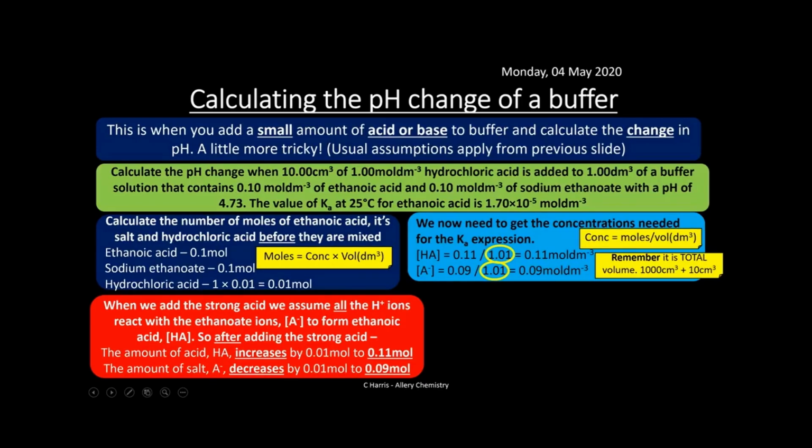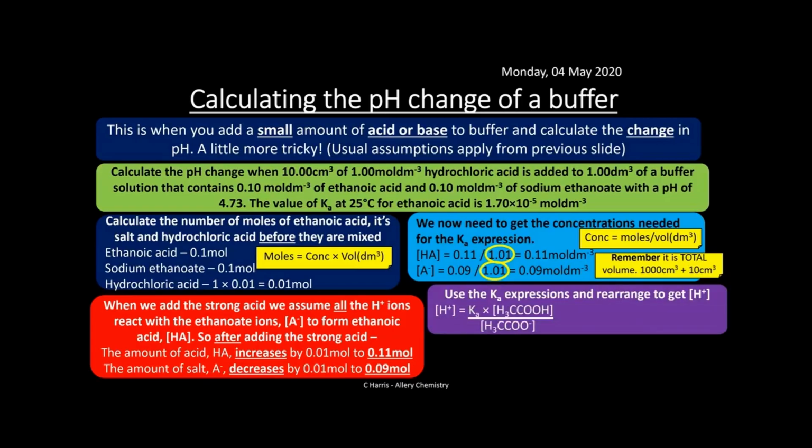But remember, we've added 10 cm³ of acid, so the volume is a little bit bigger than that. Don't forget that bit. So that divided by that gets you the concentration of your acid, and then the concentration of your salt is 0.09 divided by that bigger number. So now we've got our concentrations. This gets a little bit easier from now on. That was the tricky bit.